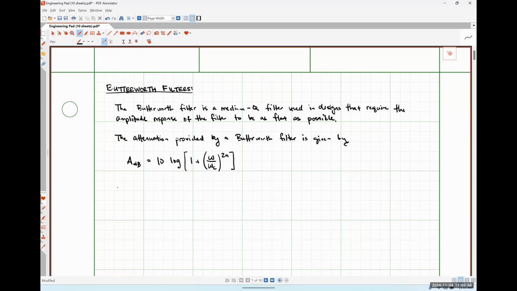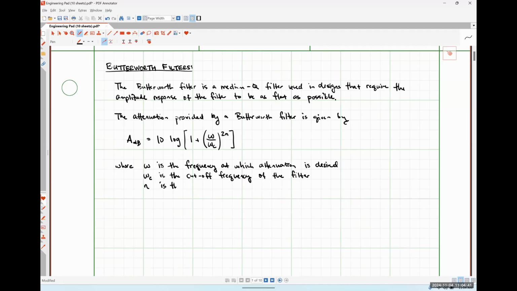Okay, so let's explicitly say where omega is the frequency at which attenuation is desired, omega c is the cutoff frequency of the filter, and n is the order of the filter.